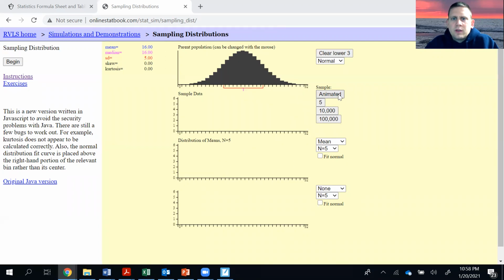Let's just say we took a sample of 5. That's a small sample. So we take a sample of 5, 1, 2, 3, 4, 5, and then the mean is right there. You took a sample of 5, they gave you these results, and this is the mean of those 5. Let's do that again.